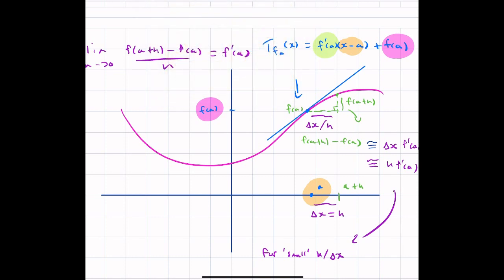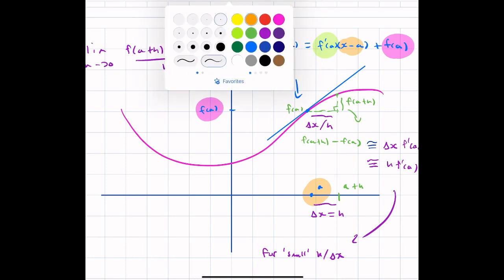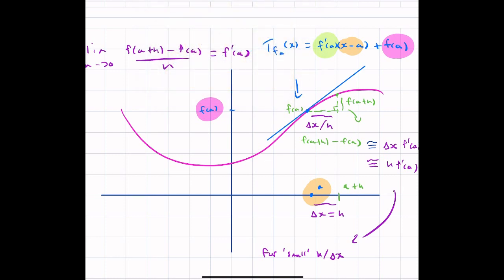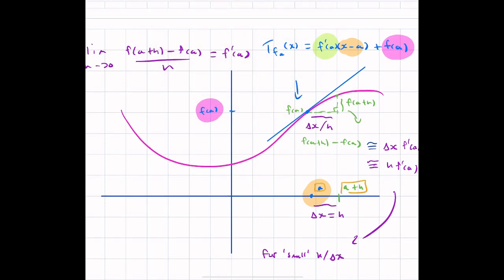So the secant line from A to A plus h would be this. This triangle is actually the triangle that shows us the slope of that secant line, and that's this quantity.